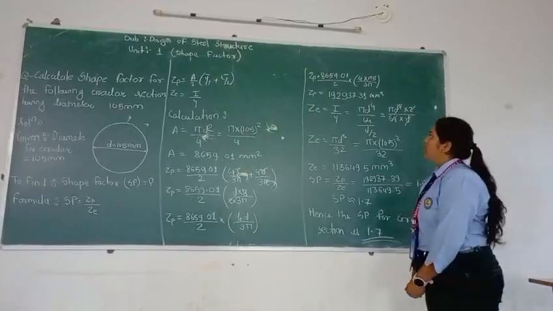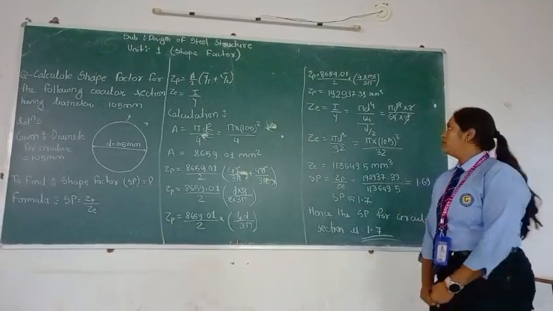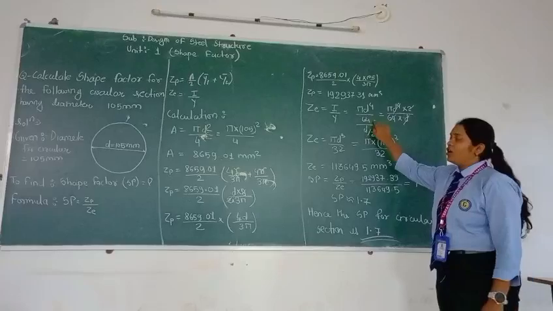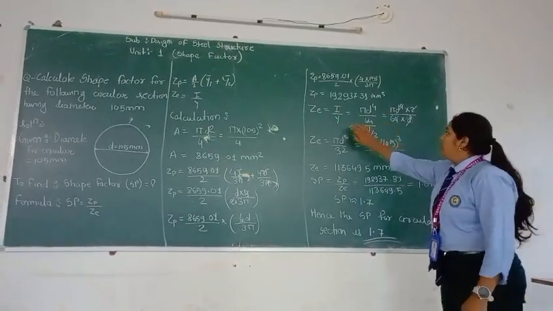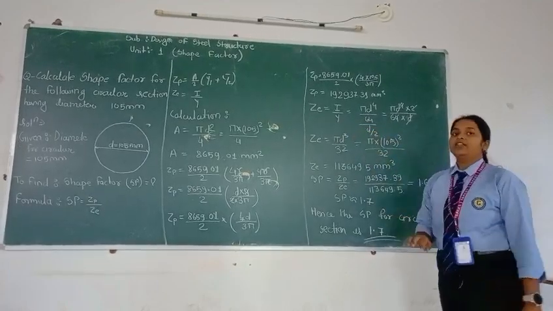Then next, to find the value of elastic modulus, having a formula I upon y. The formula for I is pi d to the power 4 upon 64 and the formula for y is d by 2, that is diameter upon 2.